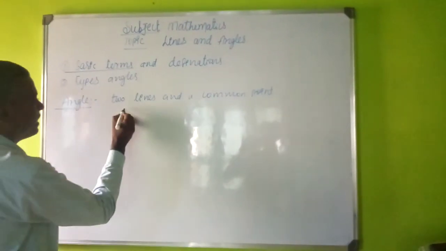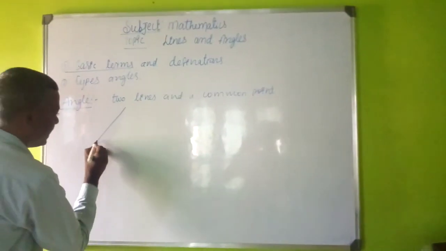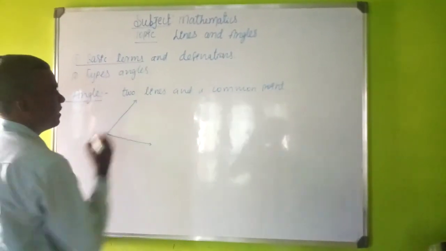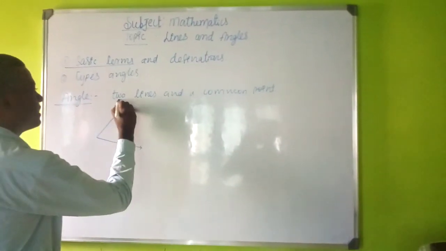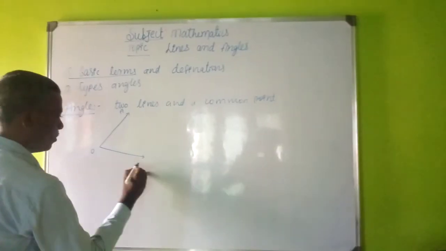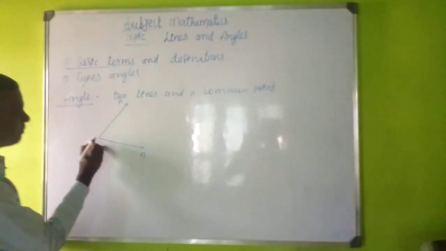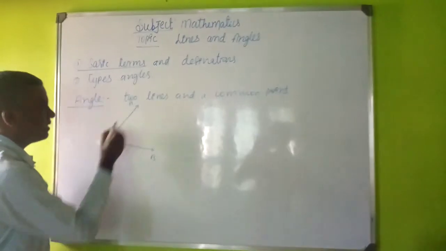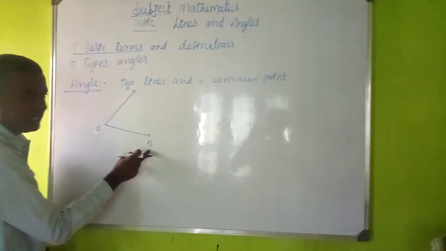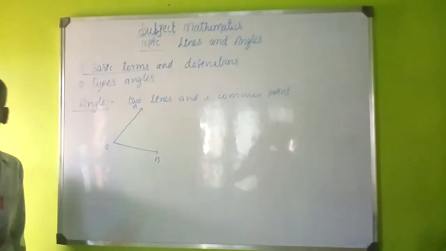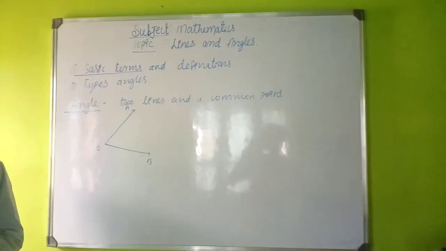So diagrammatically we can write like this. These are two rays. This is A, this is O, this is B. These two rays meet at a common point. This is AO, this is BO. These two lines meet at a common point O, so it is called an angle.